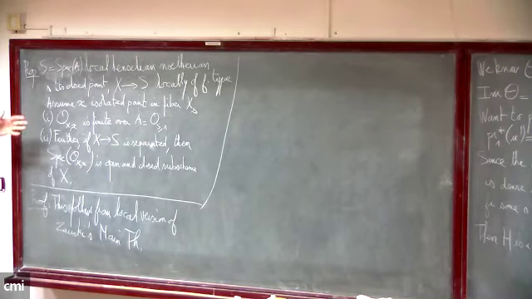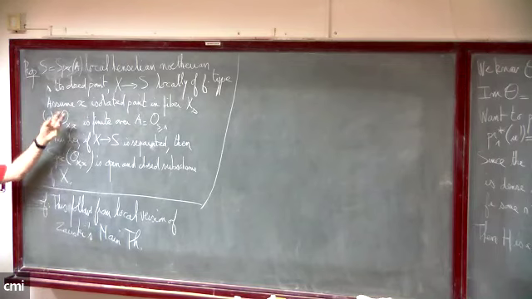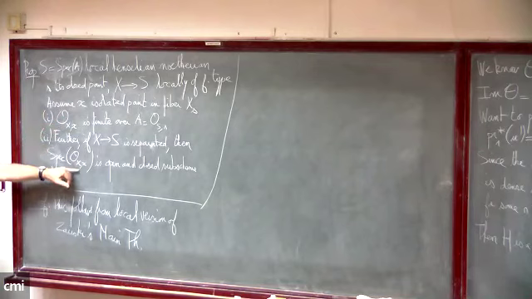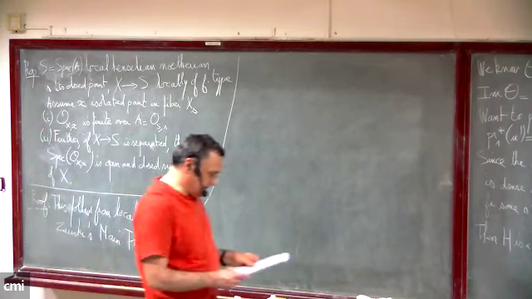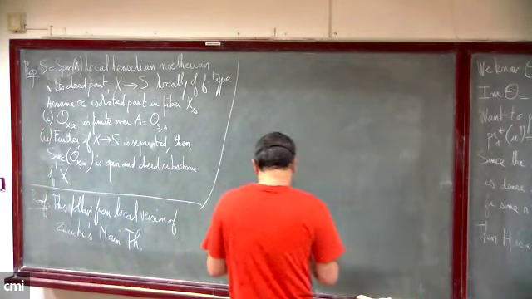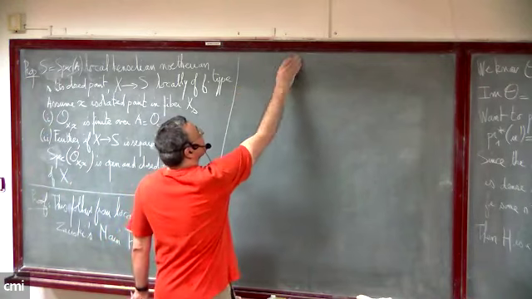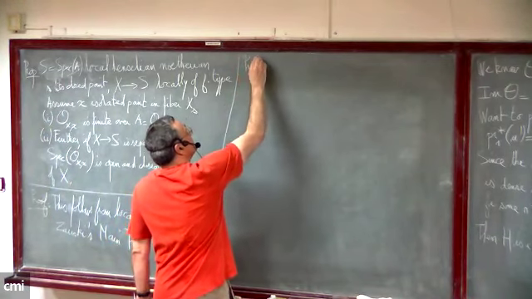Over a local Henselian ring, if you have a point in the closed fiber which is an isolated point, then this thing splits off the whole thing as an open and closed subscheme. And so we are going to use this. Okay, so now let us prove the claim.